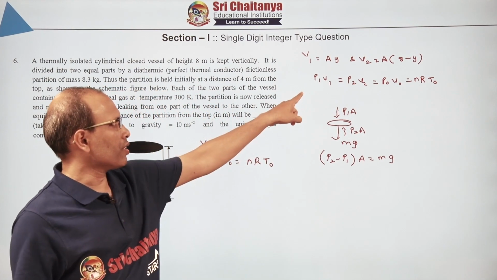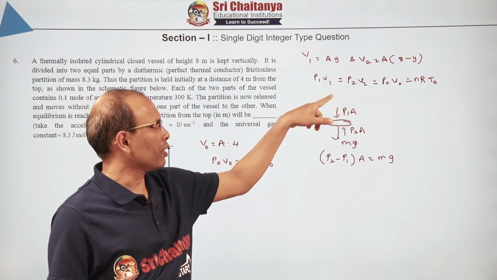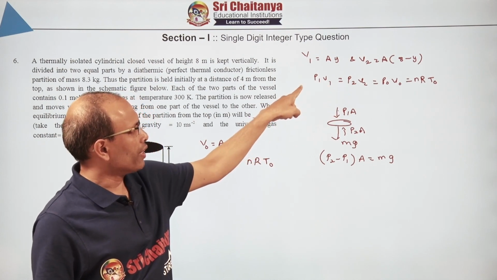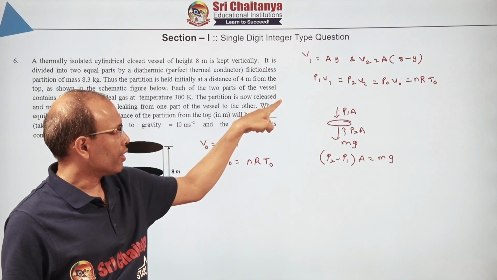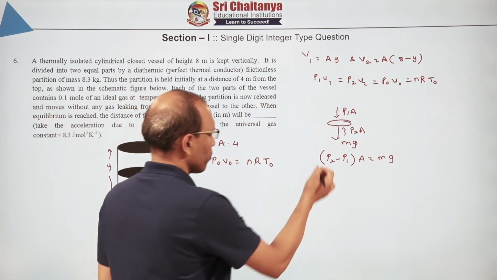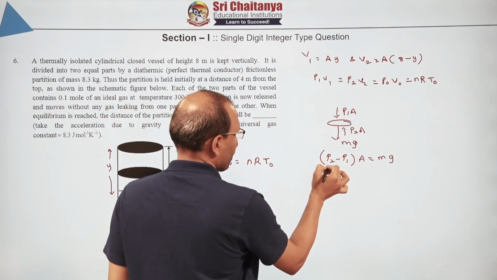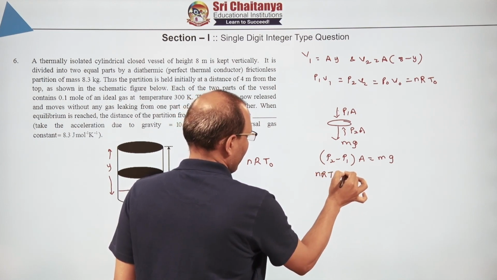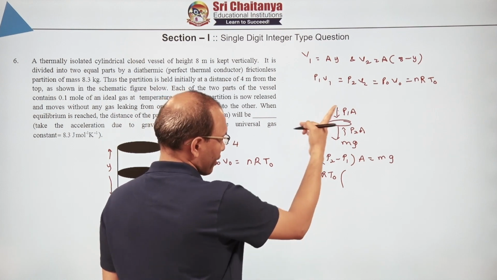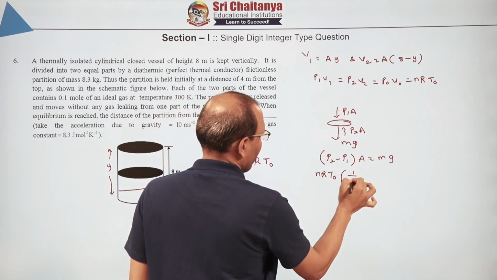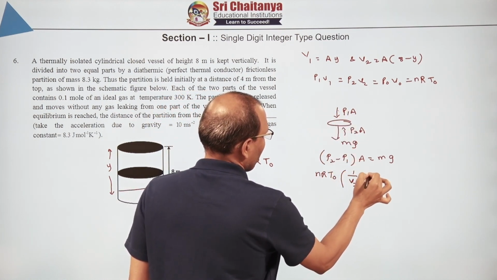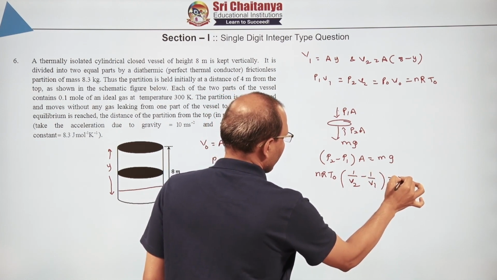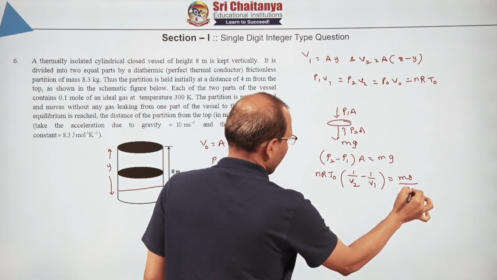Now P2 is nRT naught by V2 and P1 is nRT naught by V1. So P2 minus P1 gives nRT naught into (1 by V2 minus 1 by V1) equal to mg by A.